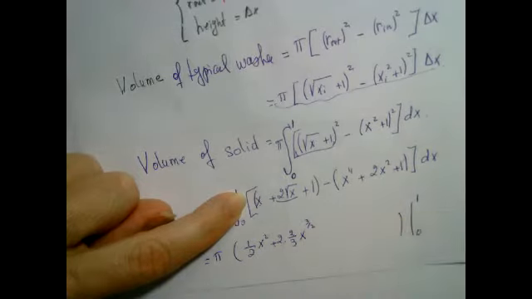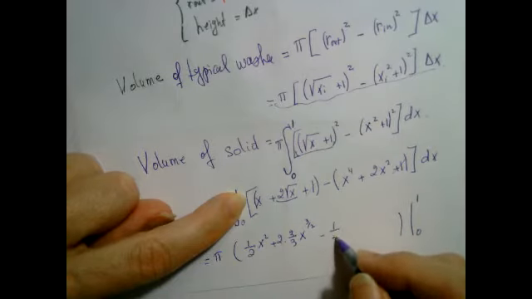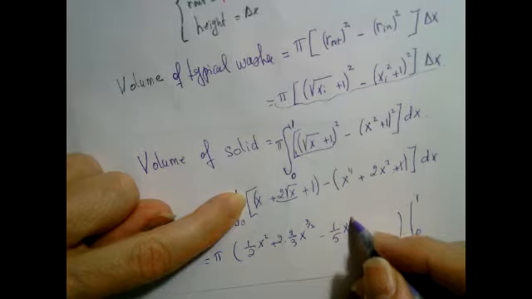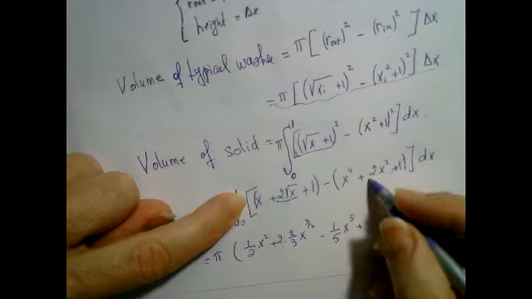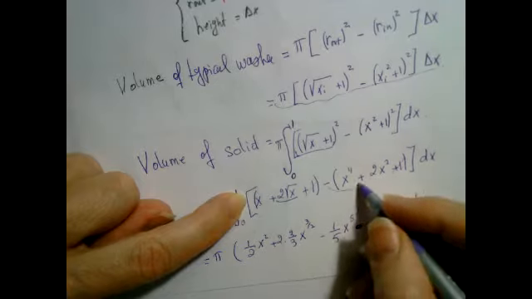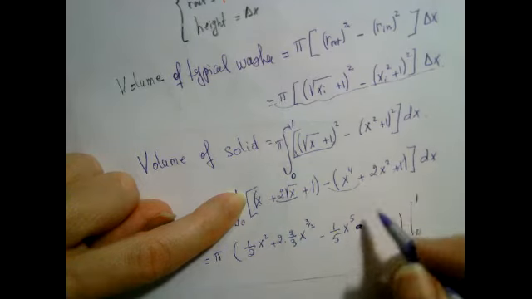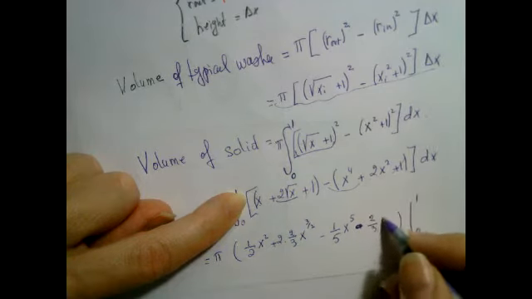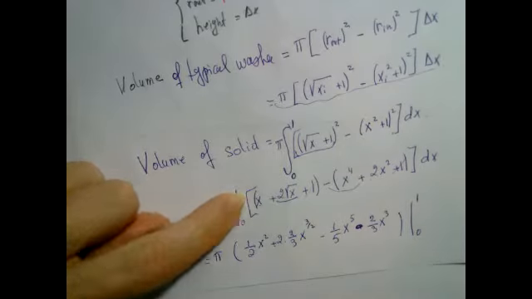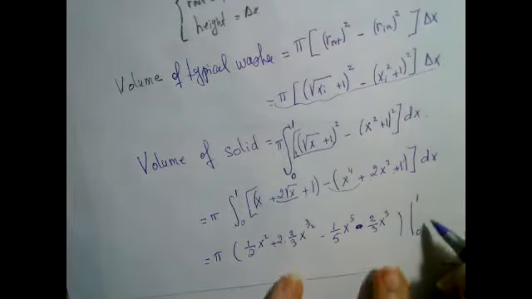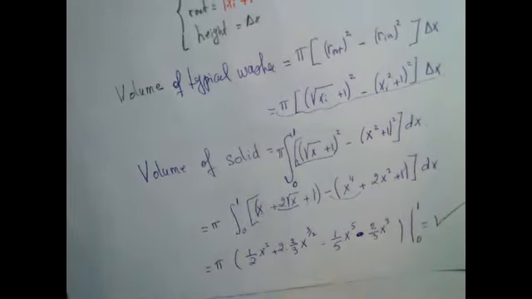Basically, the 1 and the 1 will eventually cancel each other out, minus 1/5 x to the power 5, minus, because I need to distribute, 2 times 2/3 x cubed. And then the rest is simple. End of the problem.